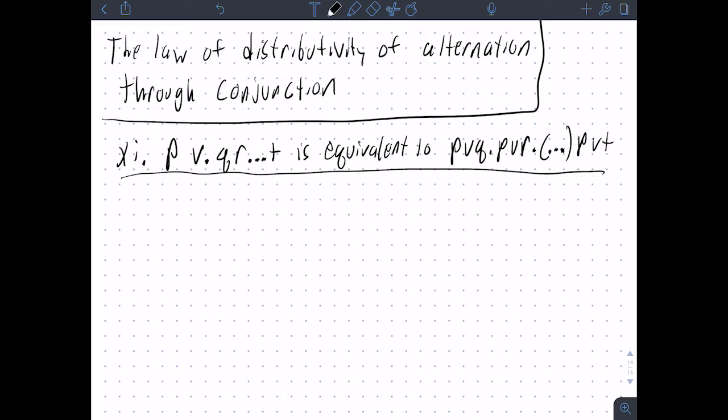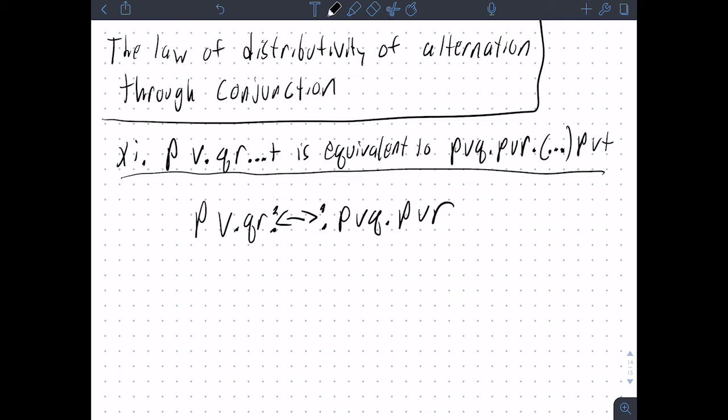Again, just a really simple case: P or QR. You don't need a dot where I just put one, but when you're doing these, it might be useful to be a little more explicit than you need to be with the grouping. So this is equivalent to P or Q and P or R. The simple cases for these are really easy. It's just the complicated ones that can give you a headache.